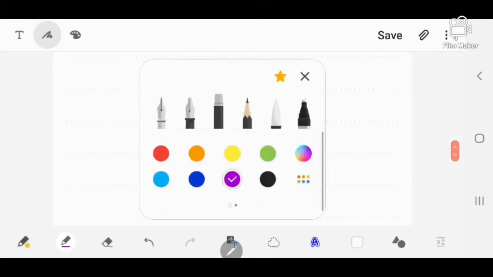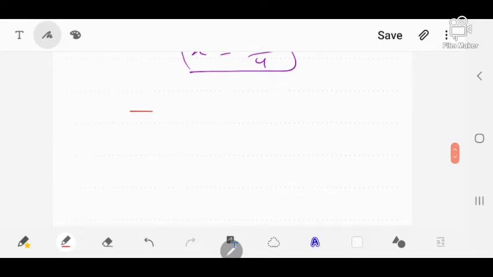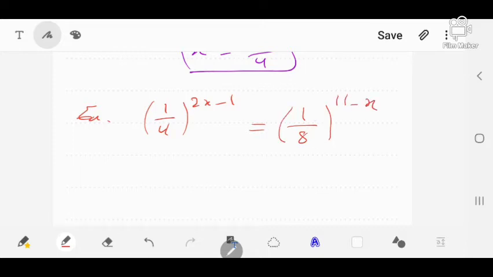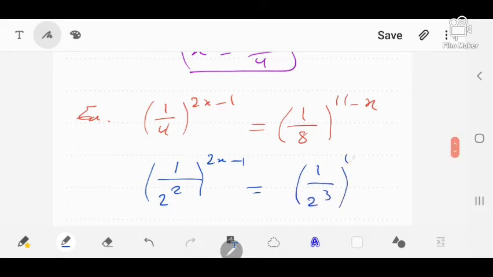Nice. Let's do this one. One over 4 to the power of 2x minus 1 equals 1 over 8 to the power of 11 minus x. Same thing. So 1 over 2 squared all to the power of 2x minus 1 equals 1 over 2 cubed all to the power of 11 minus x.